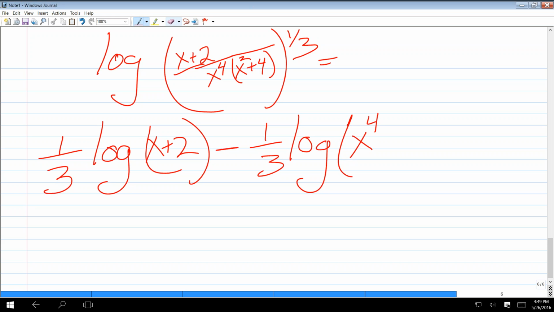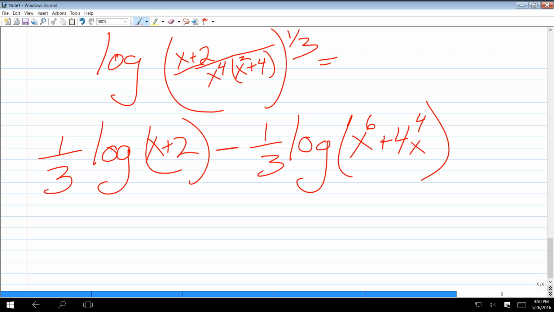Well, actually, might as well multiply those together and make it x to the 6th plus 4x to the 4th, like that. Oh, no, I multiplied it out already. And that's as good as we can do, I think. I don't see any way I can do any more on that.